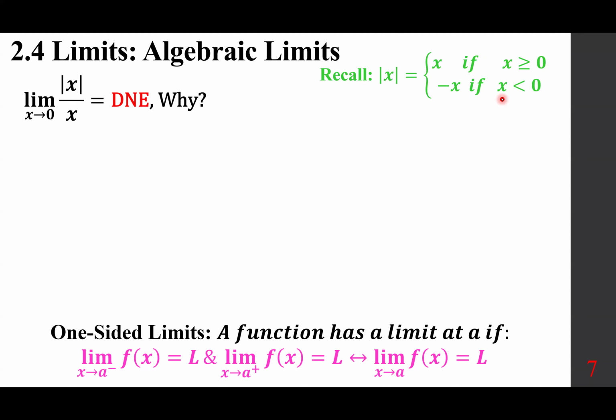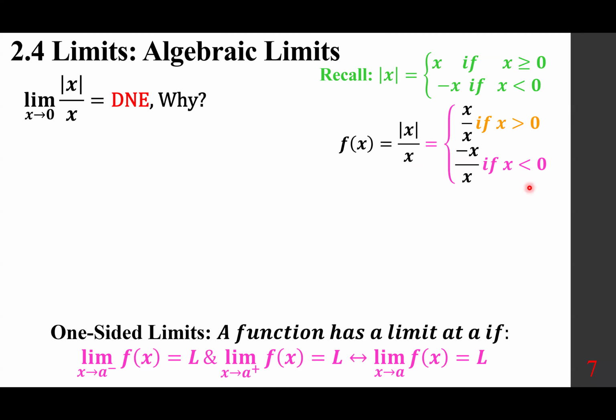Now, for this one, if we want to look at this function, f of x is absolute value of x over x, then we put x over x if x is positive, and we put minus x over x if it's negative. Bear in mind, over here we have the equality.